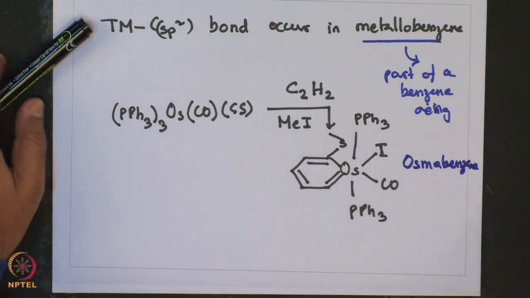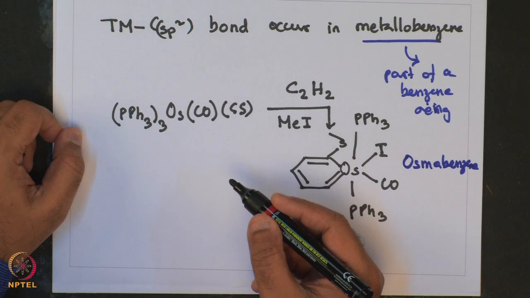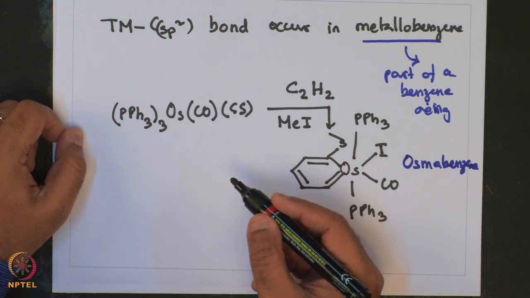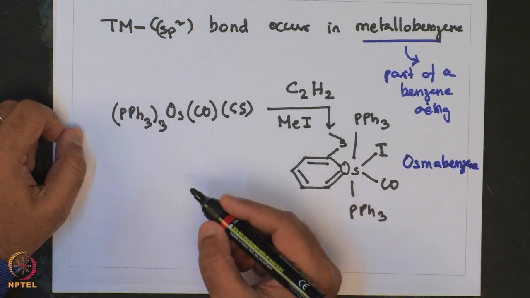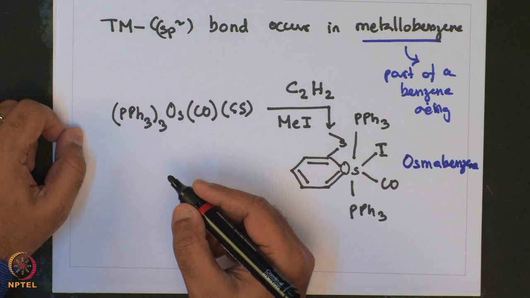So, these metallobenzenes are similar to organic benzene in being planar, aromatic, displaying equal bond lengths and also showing downfield NMR shifts.